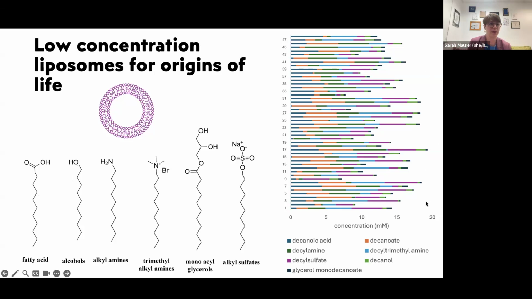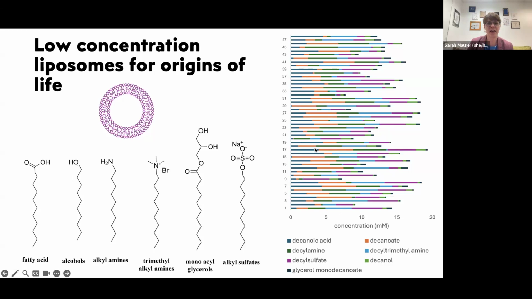So we said, hey, we don't want any compositions more than 20 millimolar. So you can see that in composition number 9, we have a little bit of decanoic acid and decanoate. We have a whole bunch of decyl sulfate, and then a little bit of decanol and glycerol monodecanoate. And then the total concentration is about 7.5 millimolar.